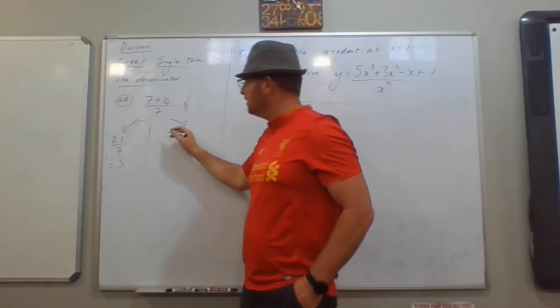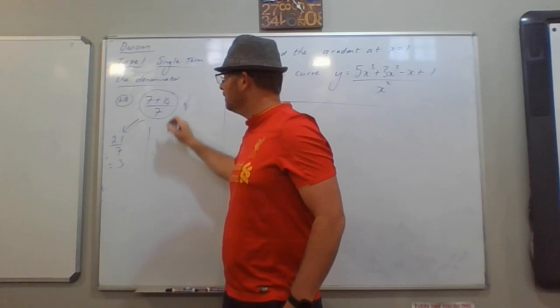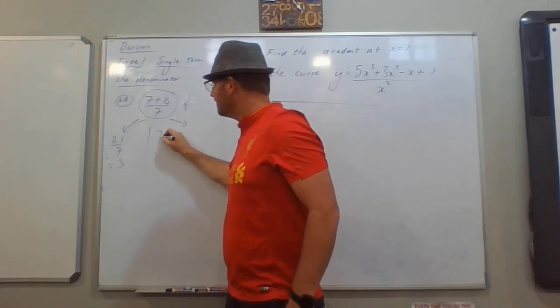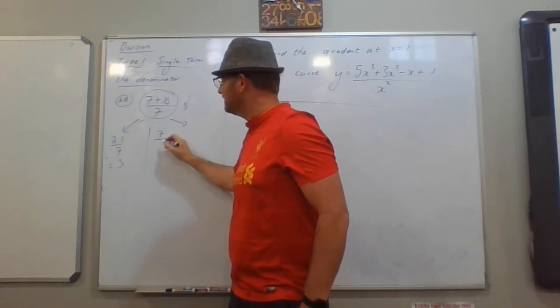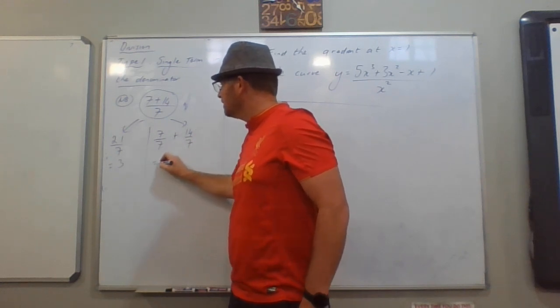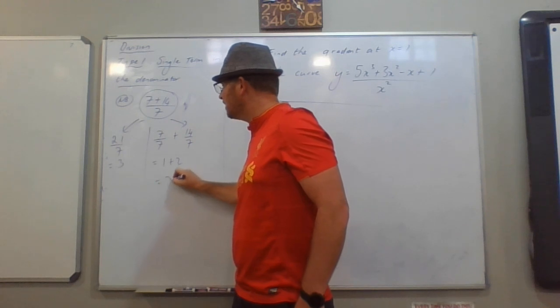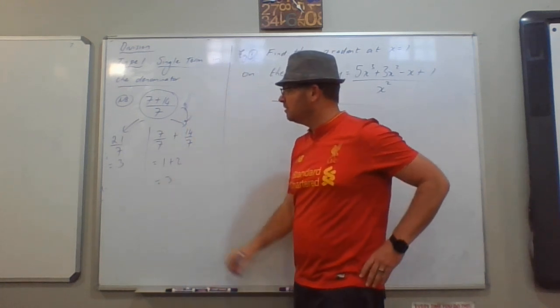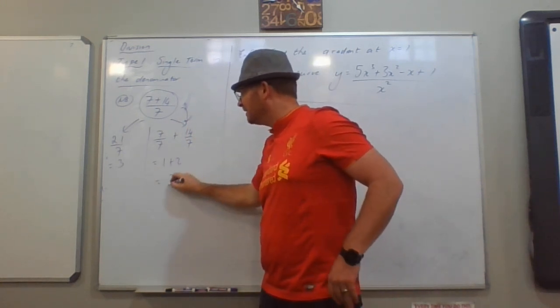However, you could also do this by saying 7 plus 14 over 7 is the same thing as having it all divided by 7. So it's 7 divided by 7 plus 14 divided by 7, which is equal to 1 plus 2, which is 3.